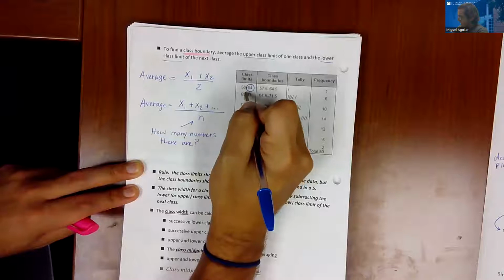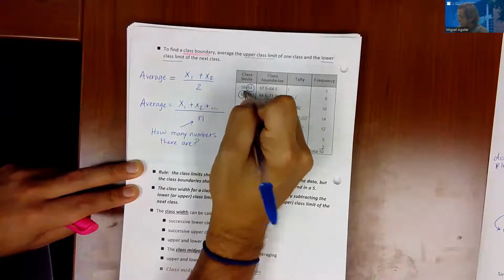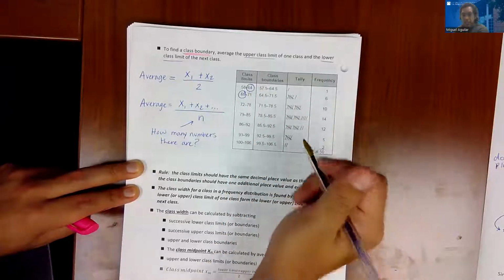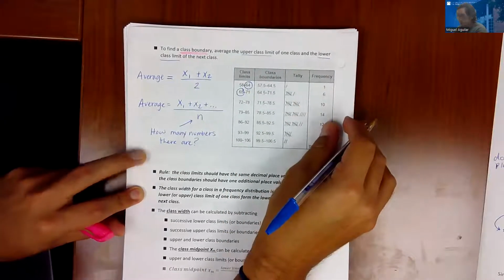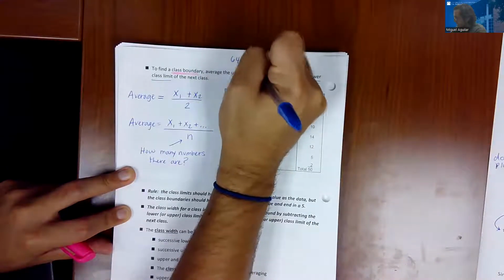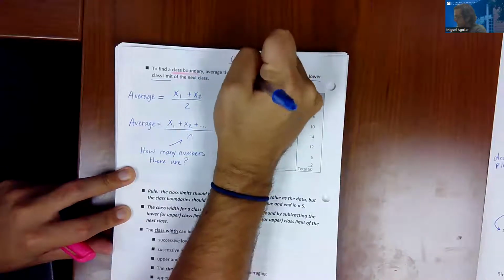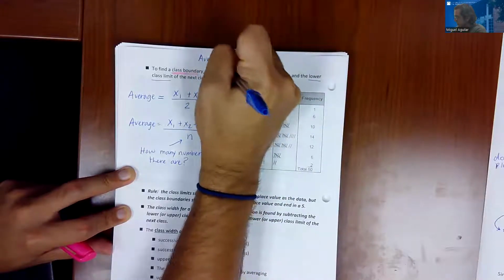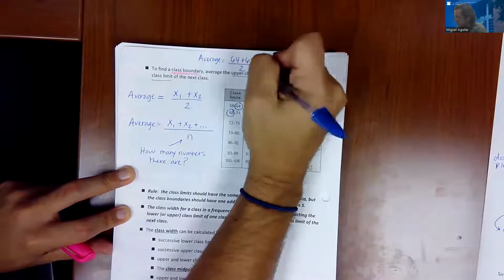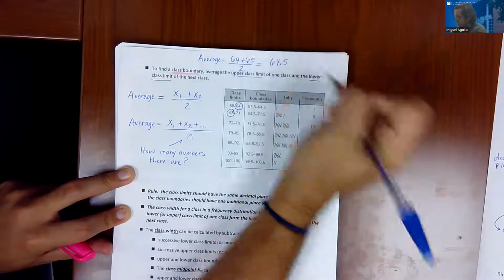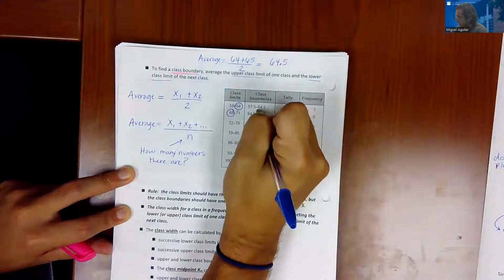So go down to the next class and find that one. We need to average these two numbers. When you find the average of 64 and 65, 64 plus 65, divide that by 2 because it's just two values. What we'll end up getting is 64.5, which is how they found this value here.